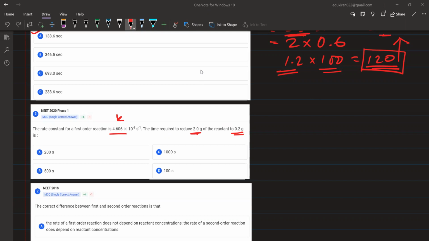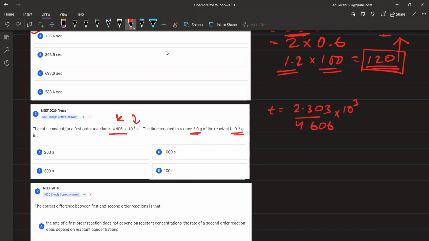2.303 by K. t is equal to 2.303 divided by K, times log of A0 by A. K is 4.606 into 10 to the power minus 3. It was in the denominator with -3.